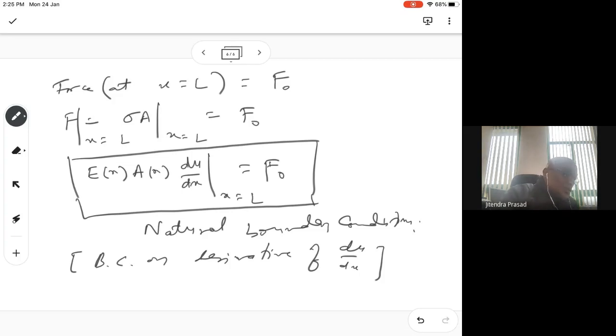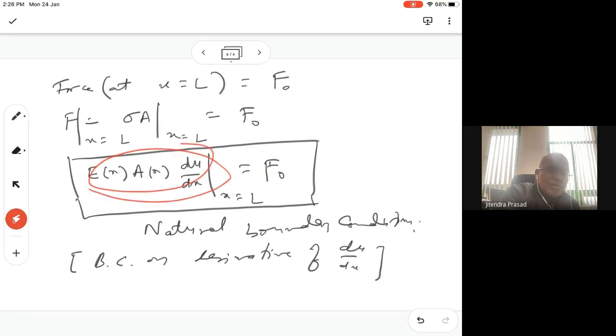So you can give two types of boundary condition. In general, if you are not writing explicitly, that really means this value equal to 0.